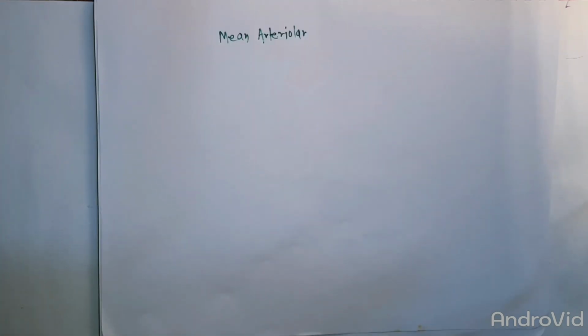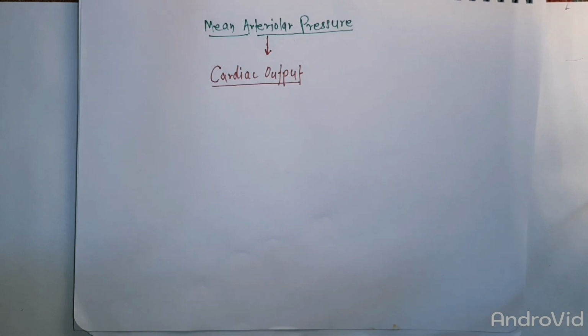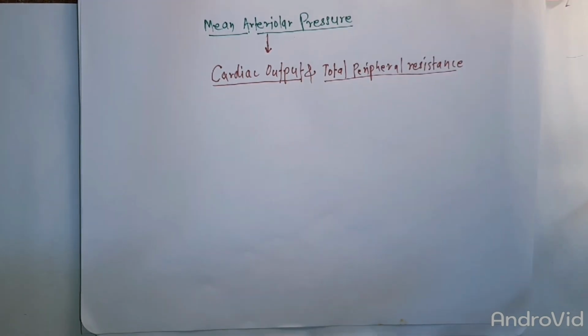Clear? For this, let's talk about another term, the mean arterial pressure, which is the average pressure exerted by blood in the arterial system of the body. It depends on both factors, that is cardiac output and total peripheral resistance. So what happens here? Let's suppose that we increase the resistance.